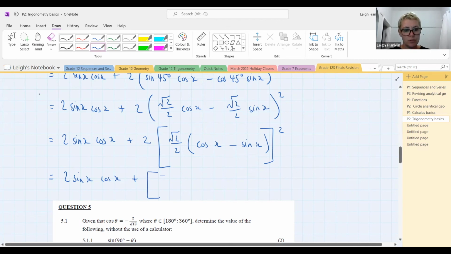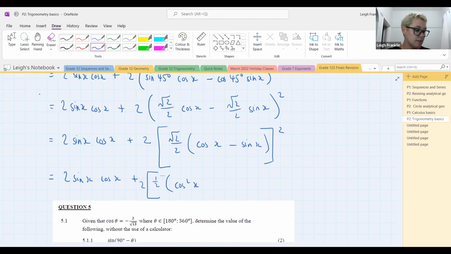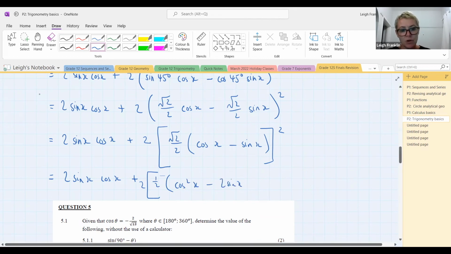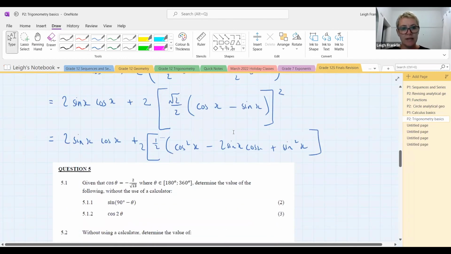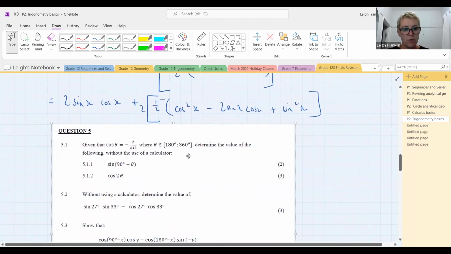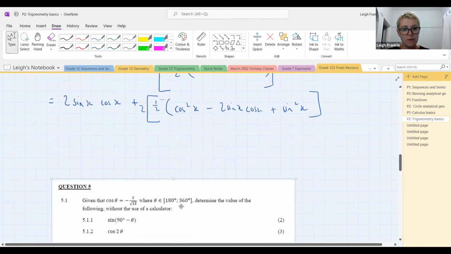So plus 2 times, and that would be 1 over 2 over here. And then here we would have ended up with cos squared x minus 2 sine x cos x plus sine squared x, essentially. Does that make sense to everybody? So I've squared the fraction and I have squared the bracket. Are we all still okay here?